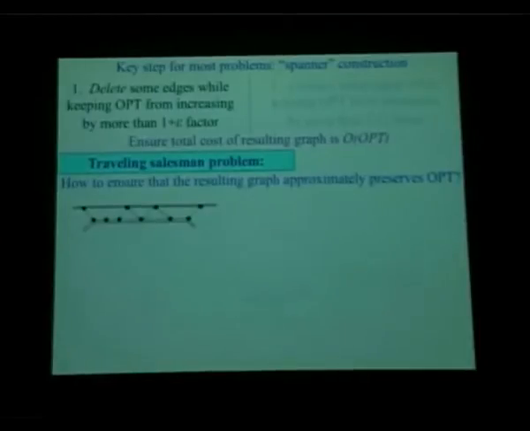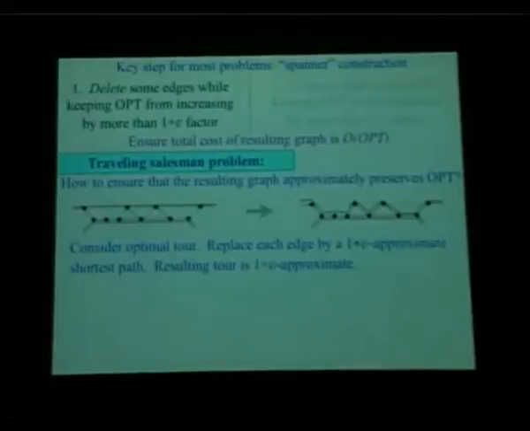So, for example, suppose the tour looks like this. We might delete these edges, but maybe we can reroute the tour along here. And maybe the goal is that the shortest path length won't increase by much.